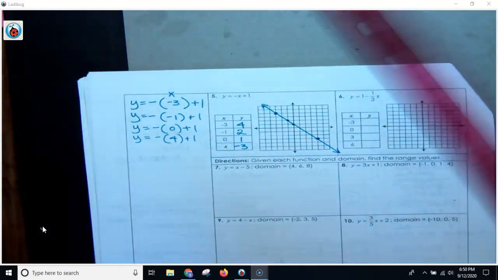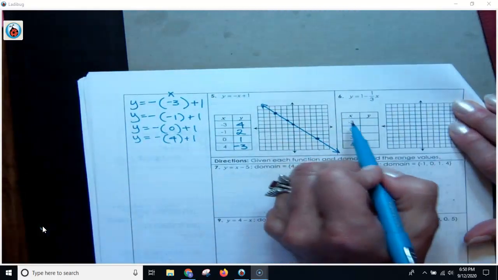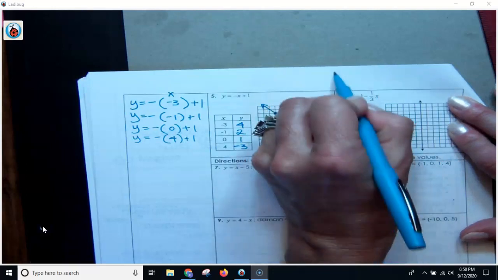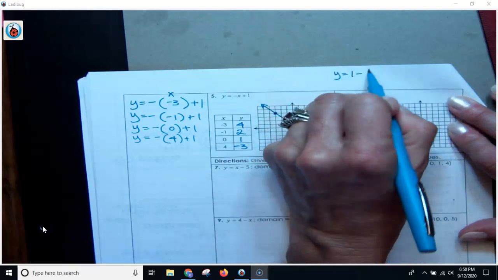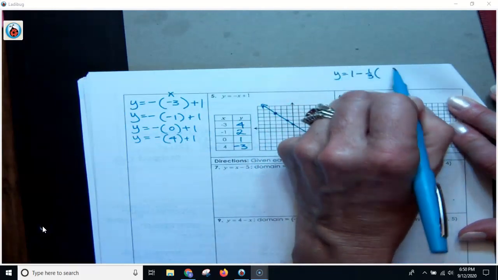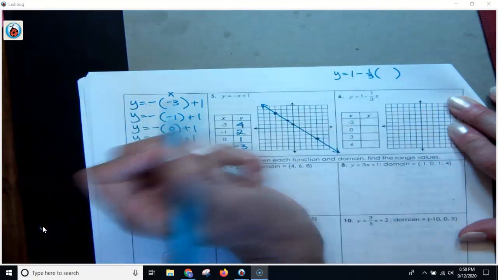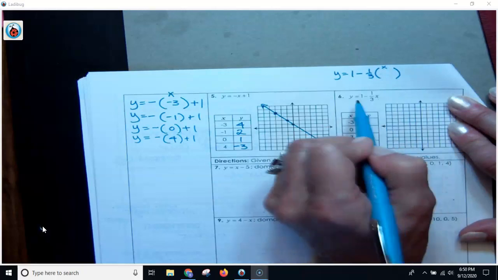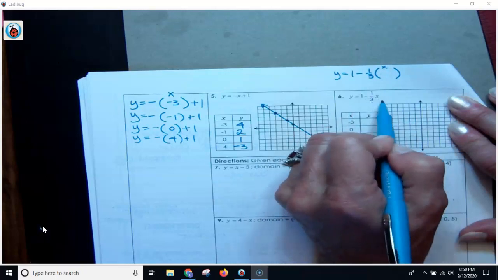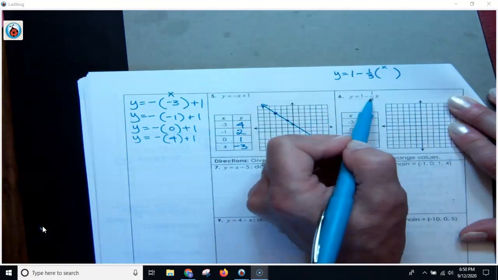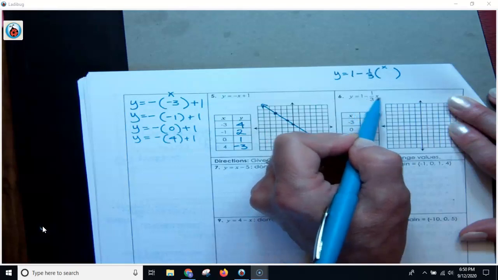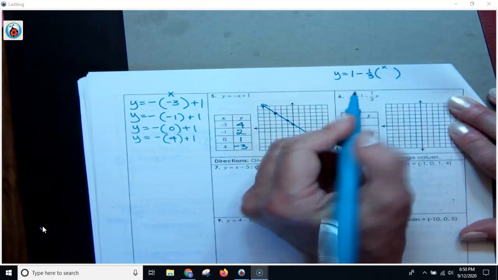So, and for the very last one, here we've got y equals 1 minus 1/3 x, and then I'm going to put the x there. So whatever my x is, I'm going to put -3 there. 1 minus 1/3 times -3. Well, -1/3 times -3 is going to give me +1.